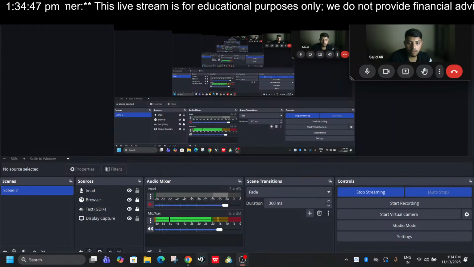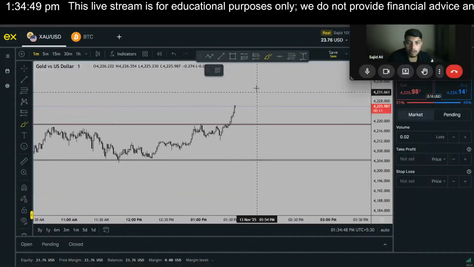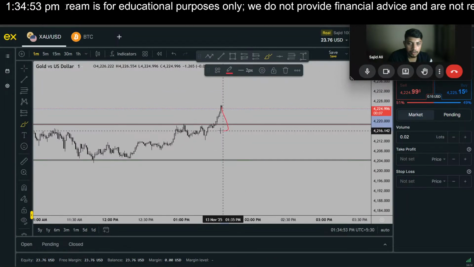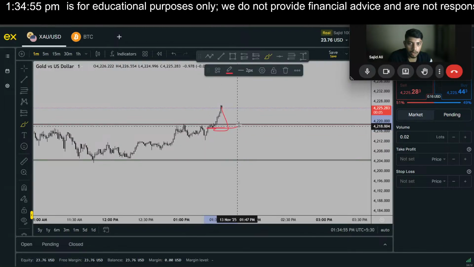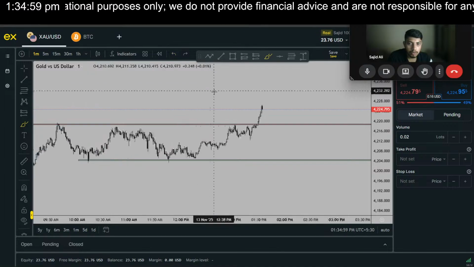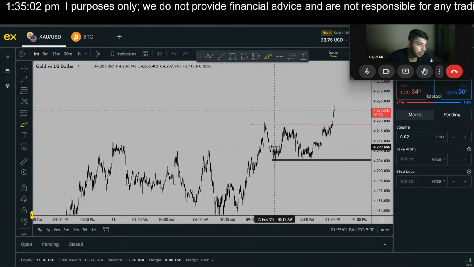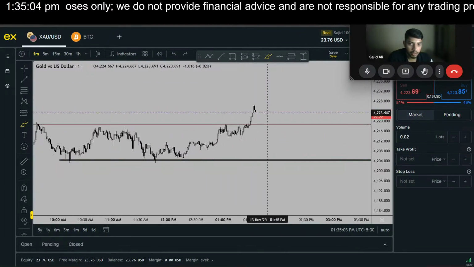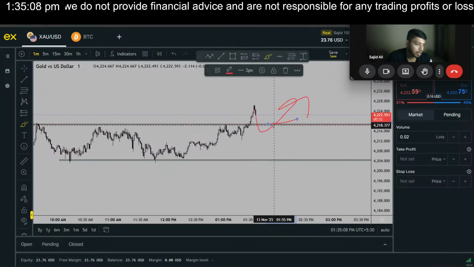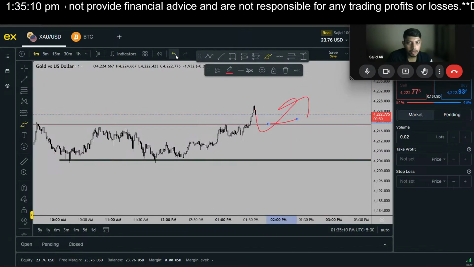Hello, hello. Yeah. What we'll plan in gold is let it come down here, and if it crosses this level again, we can go for a buy side trade. Gold is clearly showing that there is strength in the buying. We have to just wait for a pullback, and we have to long from here. This can probably be a good plan.